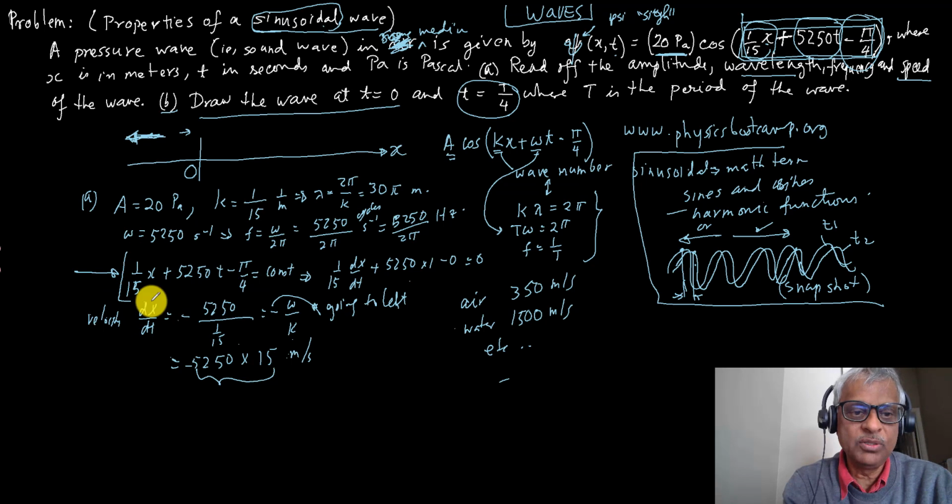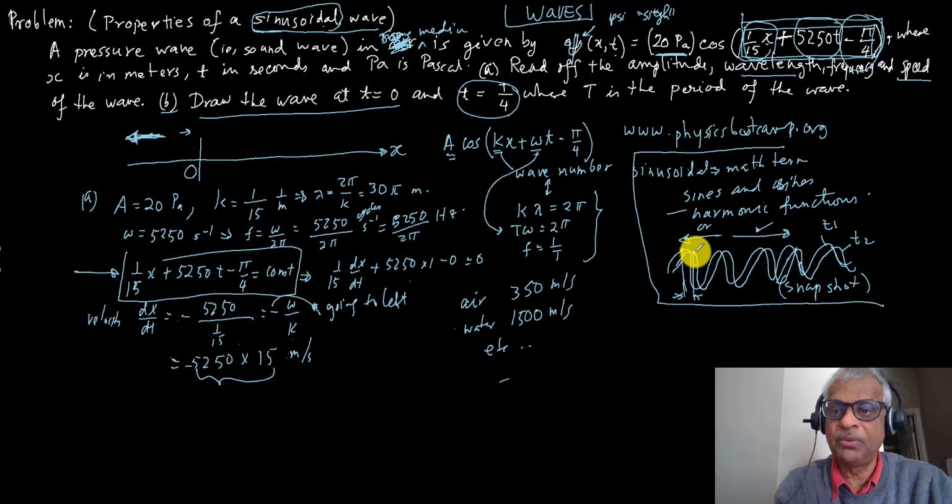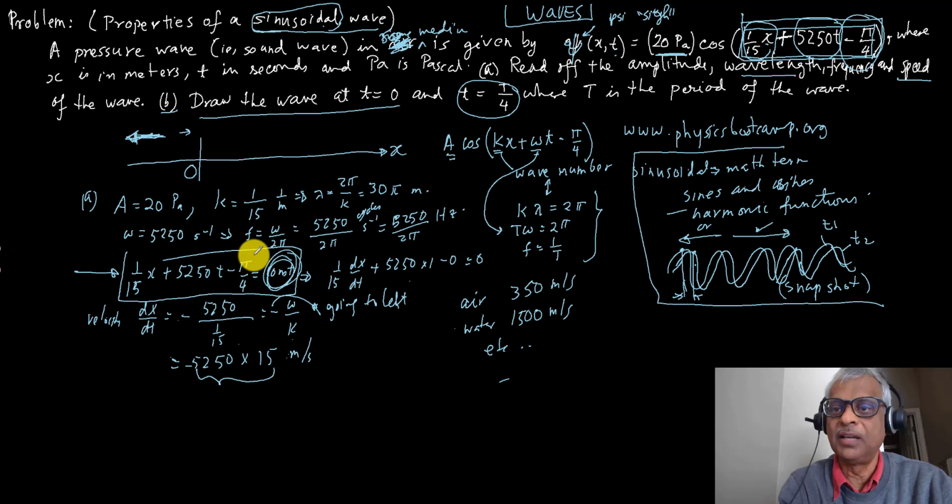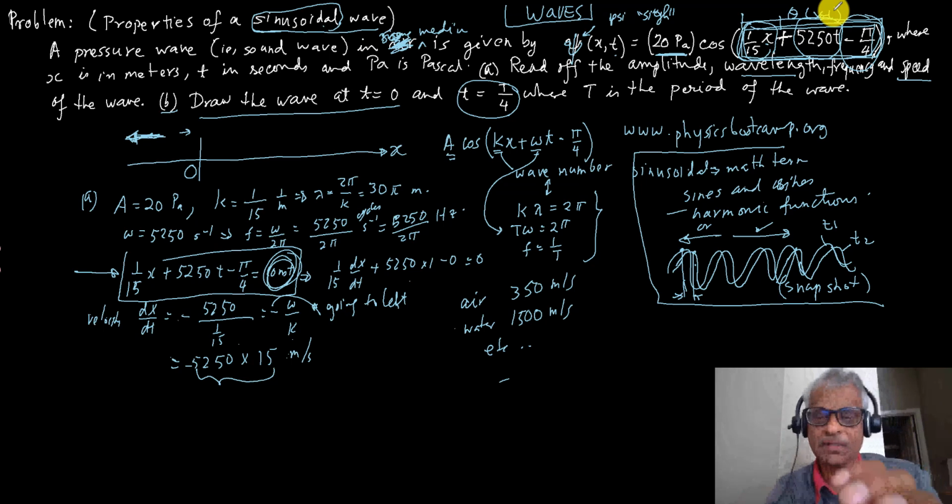So I looked at a particular place in a cycle of the wave, and I say for the same cycle, the argument of the cosine is related to the position in the cycle of the wave. So if we consider this theta of x,t, that's a harmonic function.